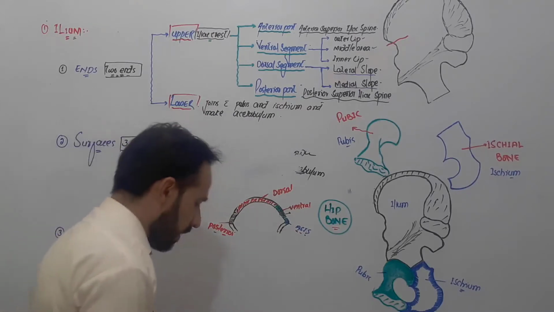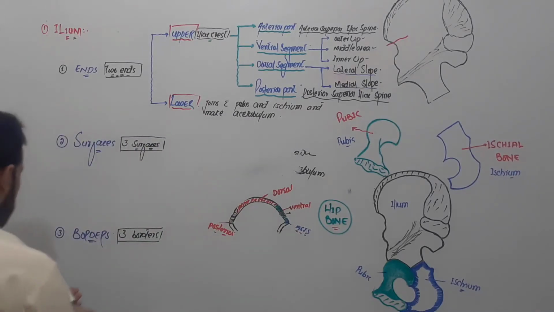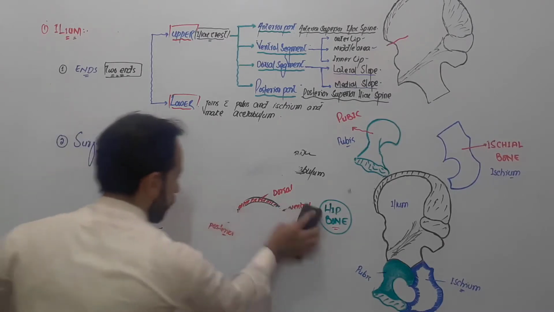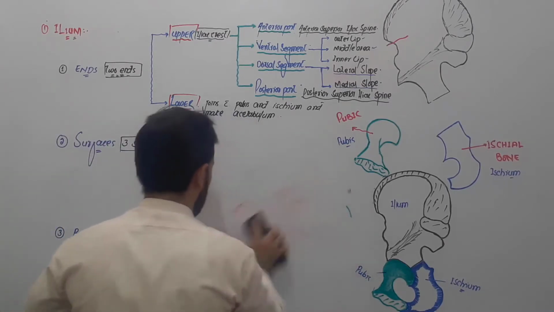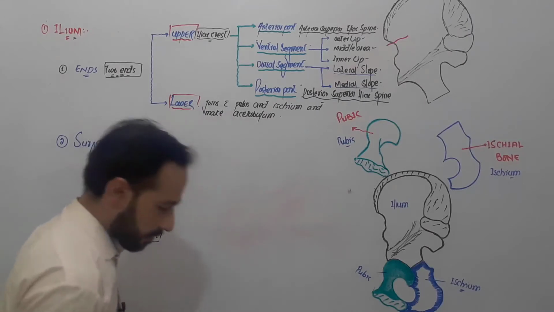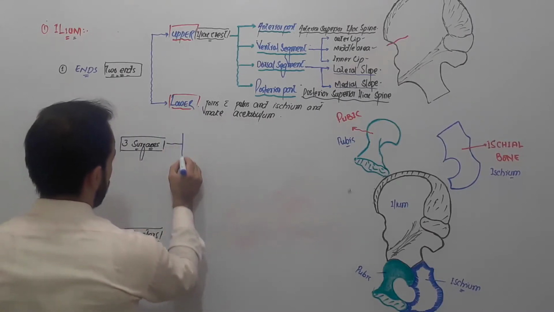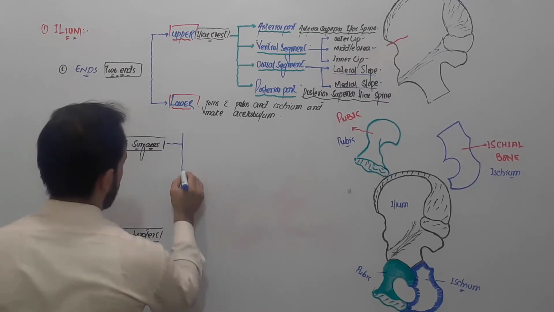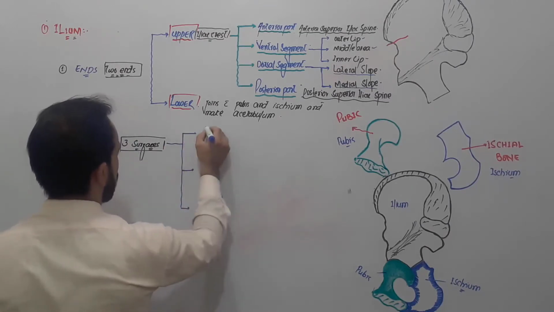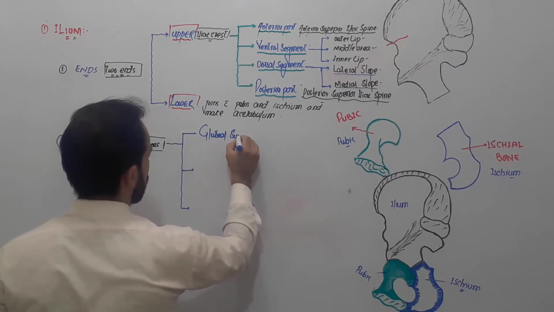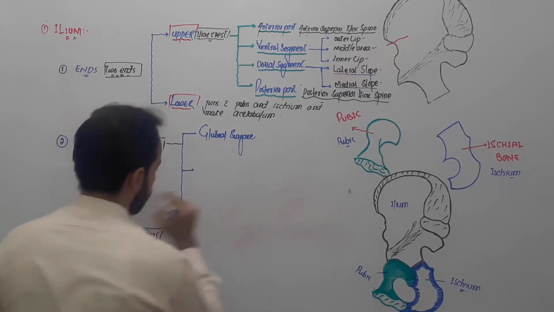So how many surfaces does it have? Let me write here. The first one is the gluteal surface, right?